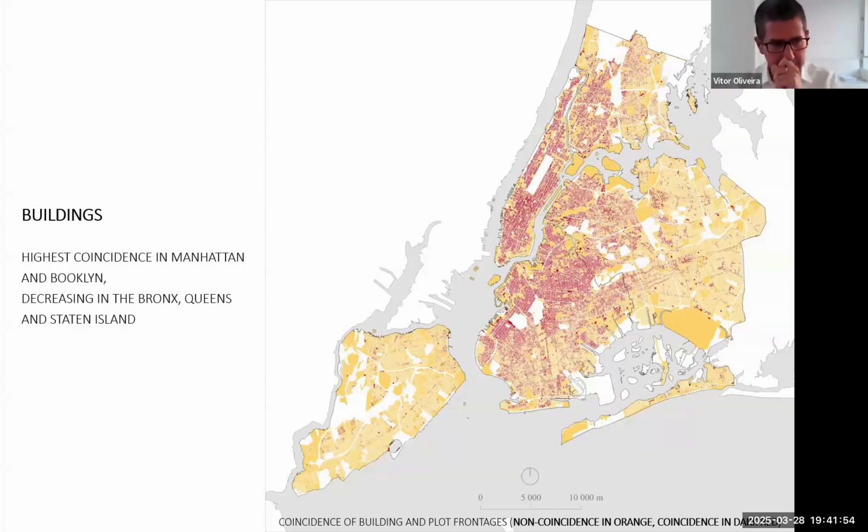We see that in New York, as with streets, we find significant differences between the boroughs. So you can look at Staten Island and you see that it is mostly orange, which means non-coincidence between building and plot frontages. But if you look at Manhattan or again Brooklyn, you see that it is in this dark red, which means coincidence between building and plot frontages.